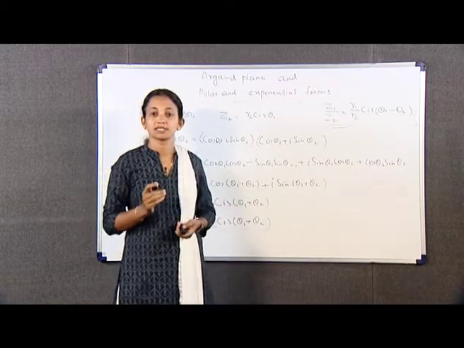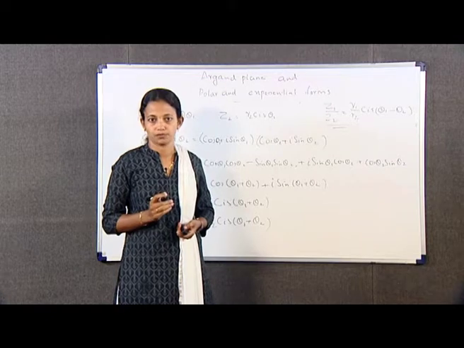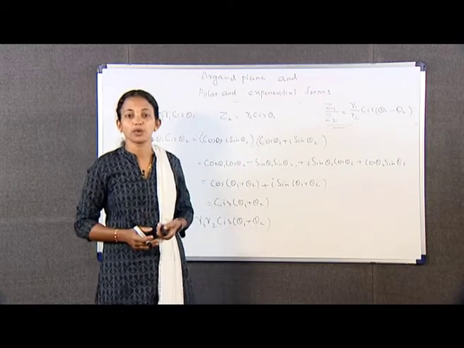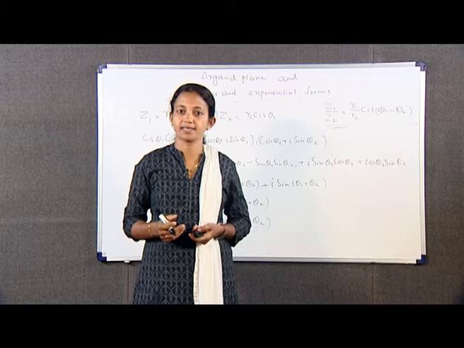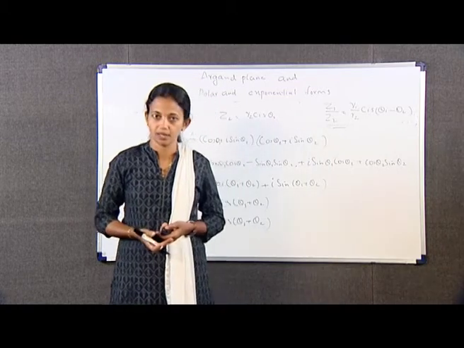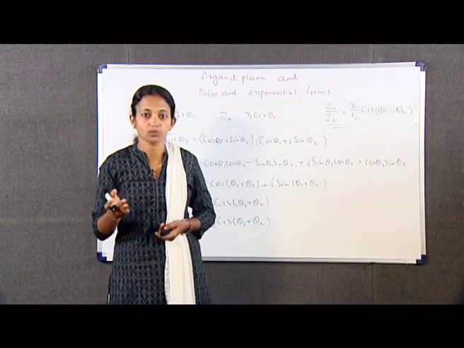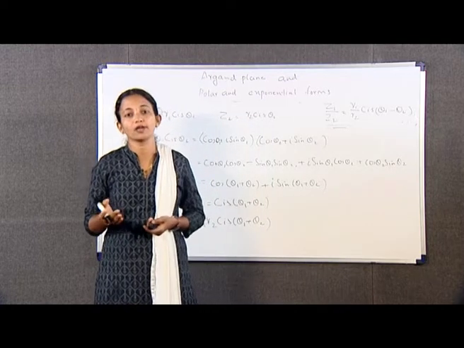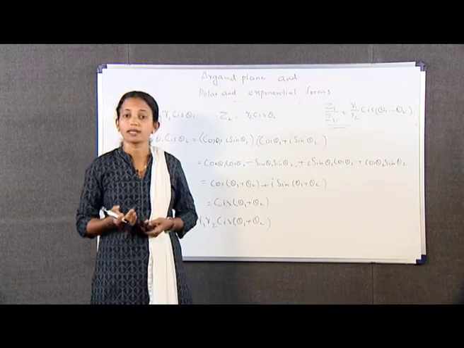Now, we have to discuss exponential form. The equation e raised to i theta, which we can write as cos theta plus i sin theta, which defines e raised to i theta for any real value of theta, is known as Euler's formula.